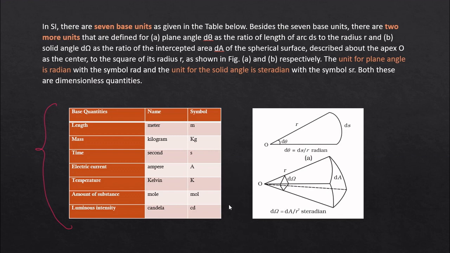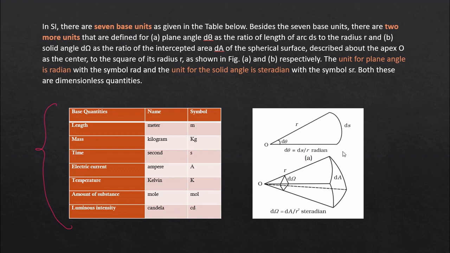Length has the meter, mass the kilogram, time the second, electric current the ampere, temperature the Kelvin, amount of substance the mole, and luminous intensity the candela.